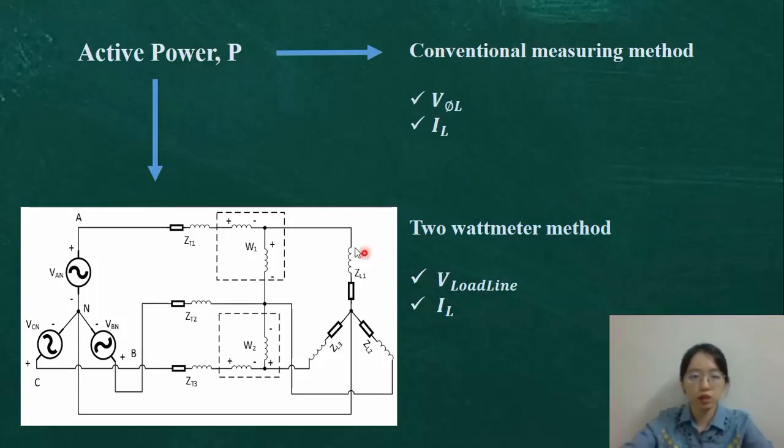From the circuit, we can see the 2-watt meter is built by the ammeter and voltmeter, and the voltmeter is between the transmission loss and the load impedance, because we just measure the active power in the load impedance. Both methods calculate the power using the general formula P equals VI cos theta.